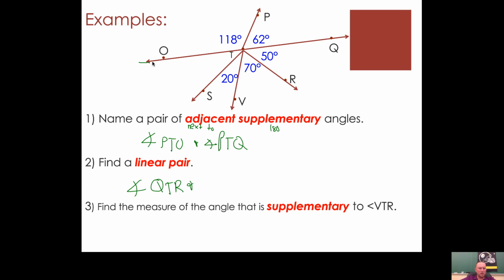Well, guess what? This big angle that is next to the 50-degree angle, its measure would be 130 degrees. You might say, well, how in the world do I know that? Well, look at angle OTQ. I'm going to draw it because this is the best way to see it if you redraw it. Angle OTQ is a straight angle.